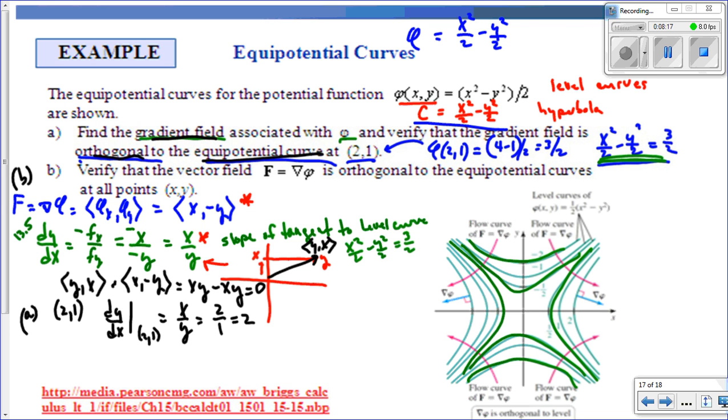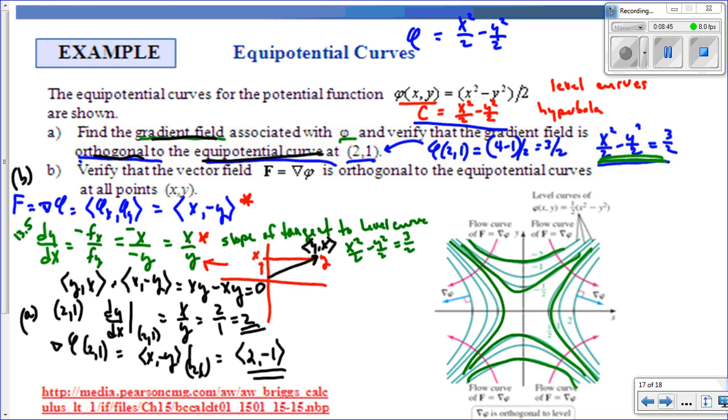Okay, so now what's the gradient at that point? The gradient of phi, which is x, negative y, evaluated at 2, 1, would be equal to the vector 2 comma negative 1. So now again, we can either look at this as a slope or we can change a slope into a vector.